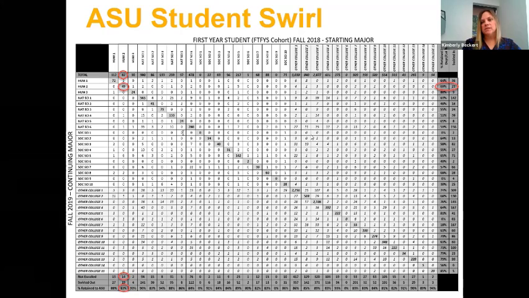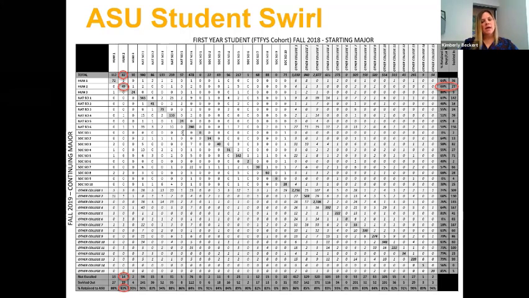One of the other pieces is this swirled in, this final column over here, where we know that students not only swirl out of your unit, but students swirl in particularly to our college, because we don't have those higher admissions requirements. So it is a fact that sometimes if students are not cutting it in a college that requires higher admissions requirements, they will find a new major in our college.